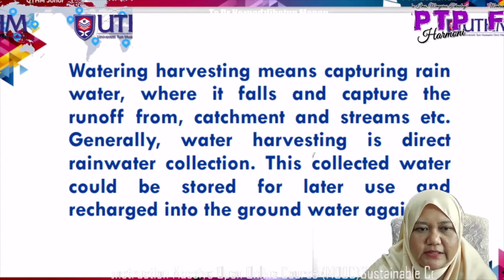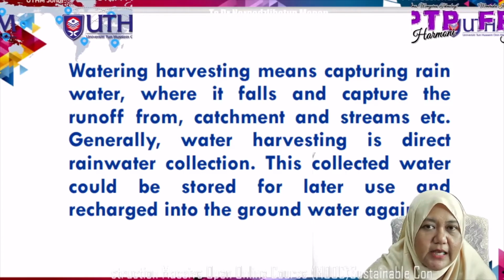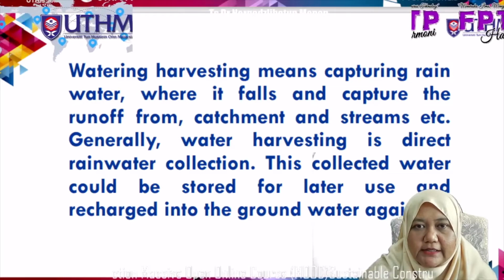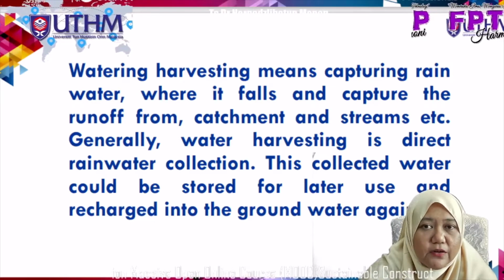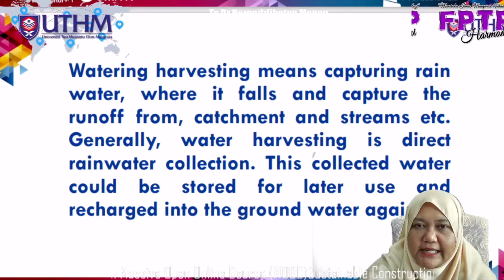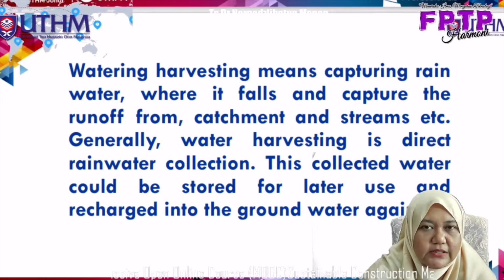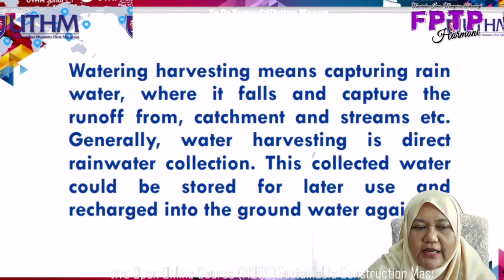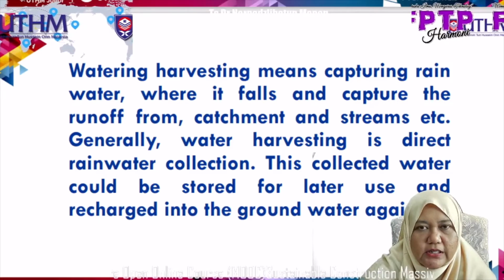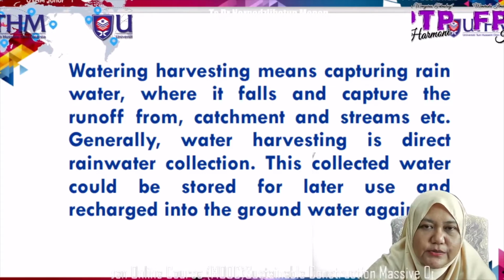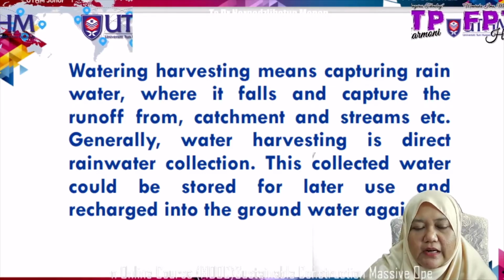Rainwater harvesting means capturing rainwater where it falls, and capturing the runoff from catchments and streams, etc. Generally, water harvesting is direct rainwater collection. This collected water could be stored for later use and recharged into the groundwater again.